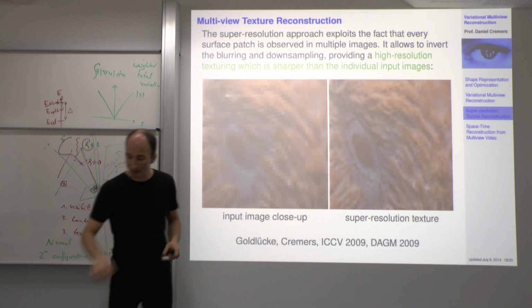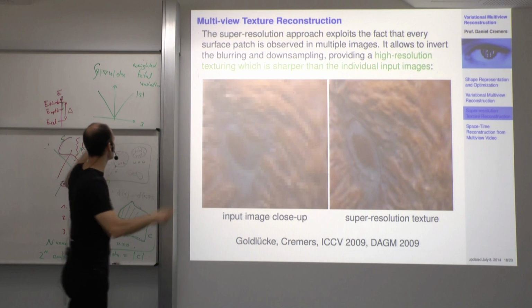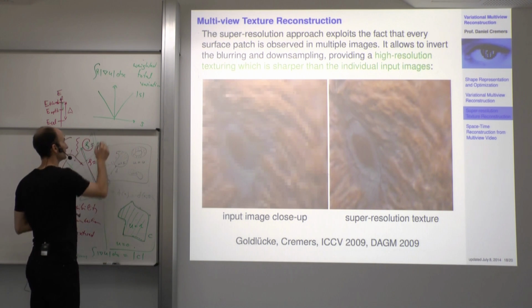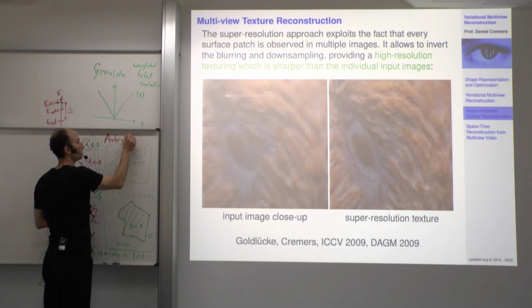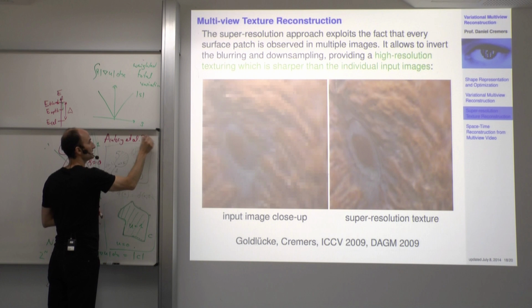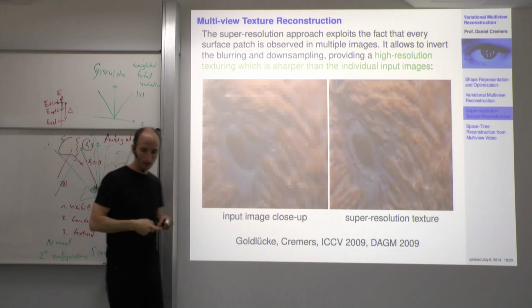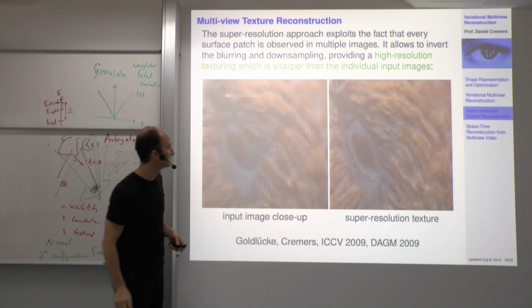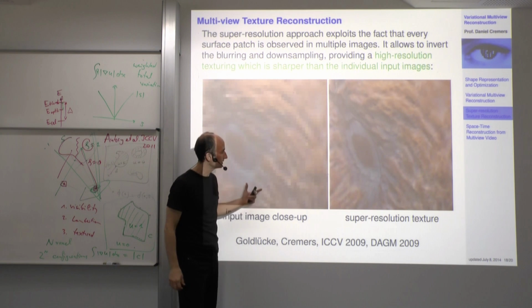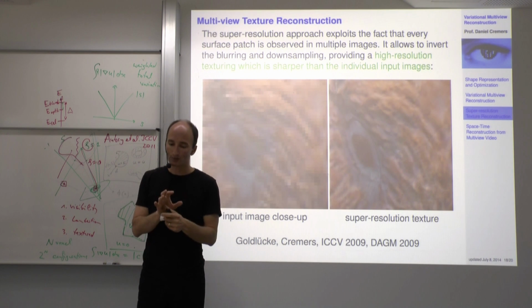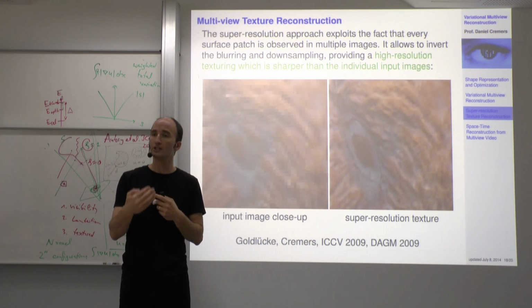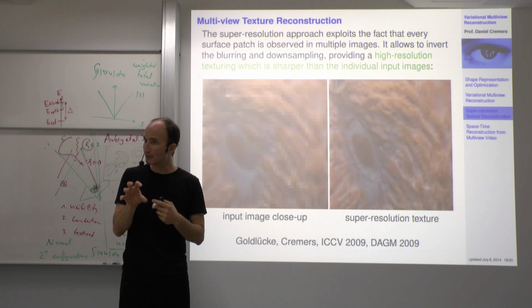I should mention, maybe for those interested, one can extend this, and this is a very recent work by Aubrey and co-workers, ICCV 2011, so 3 years ago, who proposed to do texture super resolution and also estimate in better resolution the geometry and the camera parameters.